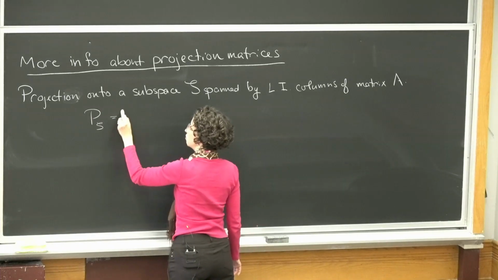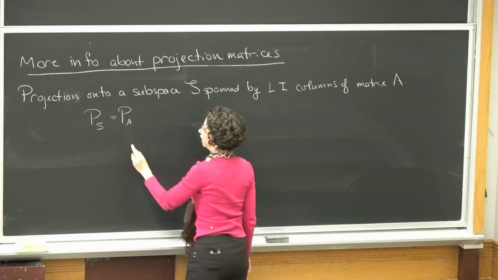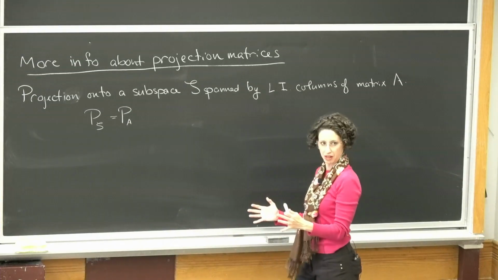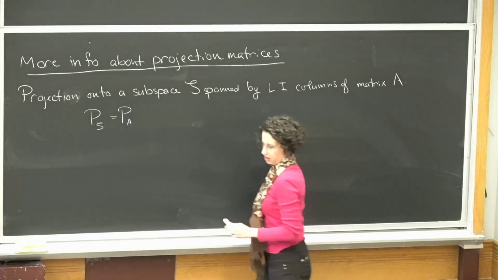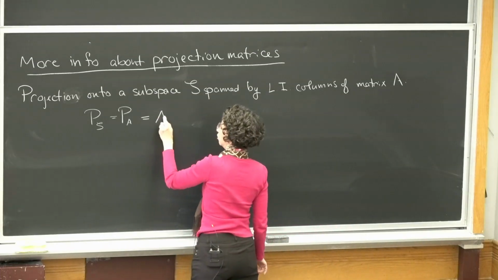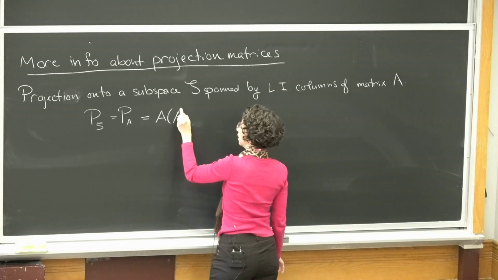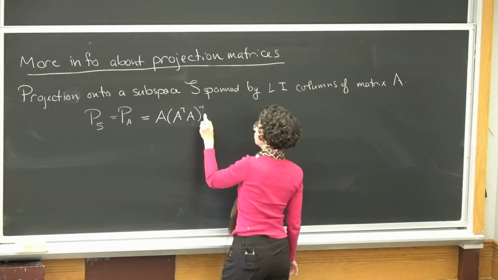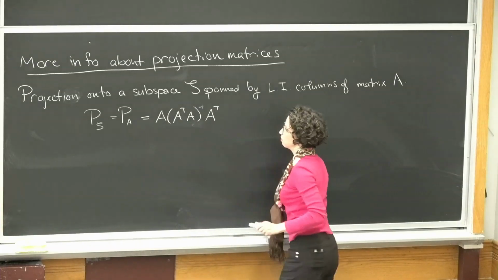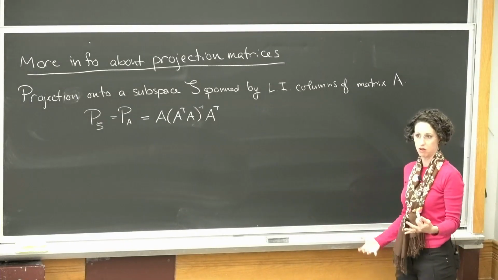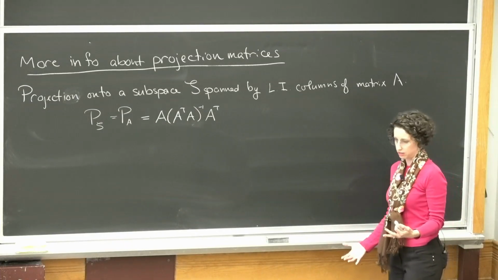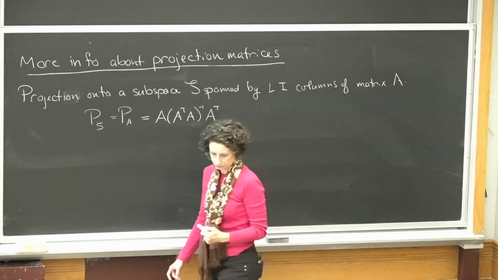And in this class, we will equivalently write P_A, and we mean exactly the same thing, whether we write it with the S subscript or the A subscript. And we have a formula for that. It looks like A times (A transpose A) inverse times A transpose. So this is the projection matrix that we talked about and derived earlier in the context of least squares.